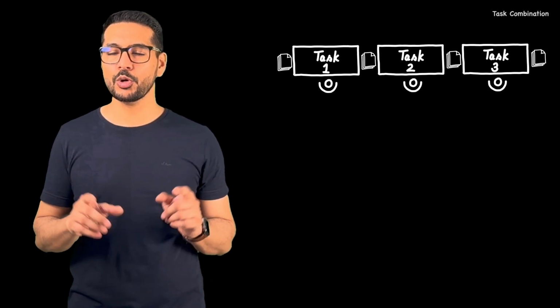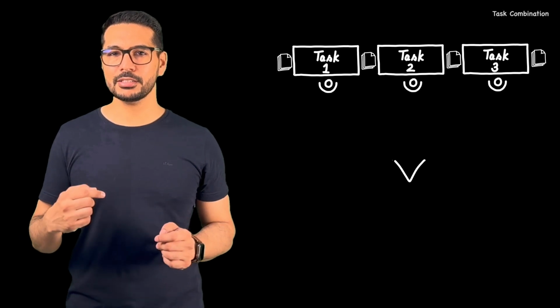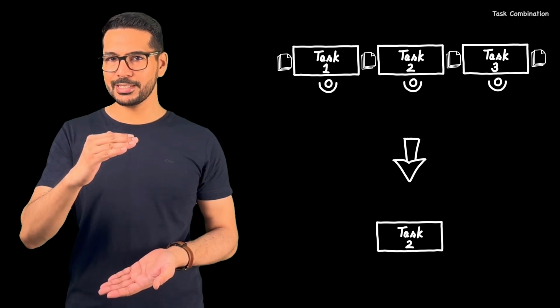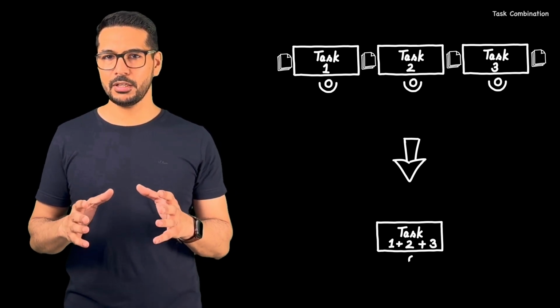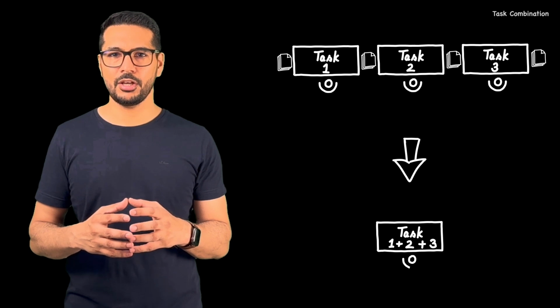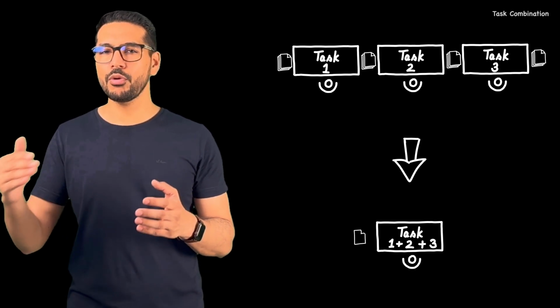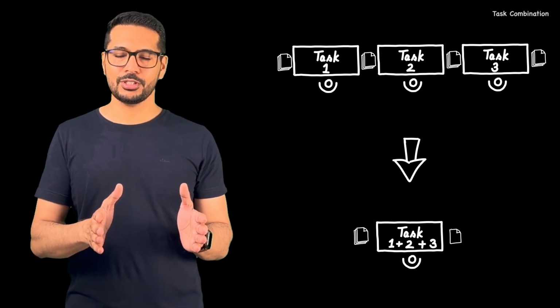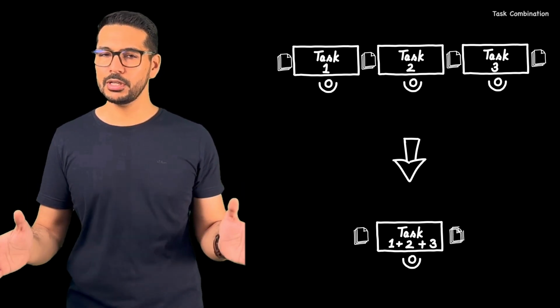It increases the total lead time. So task combination suggests checking if there is any chance in the whole process to combine the tasks, so that these 1, 2, 3, 4 tasks can be performed by one person only. That will drastically reduce the total lead time.